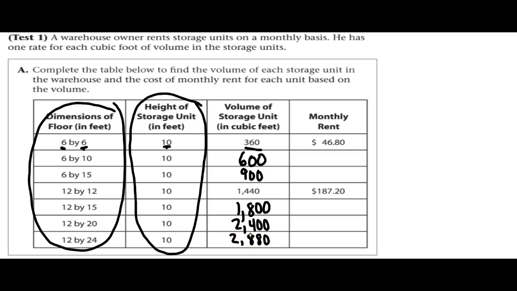So that's how you find the volume for each of the different storage units in cubic feet, multiplying the length times the width times the height of each storage unit.